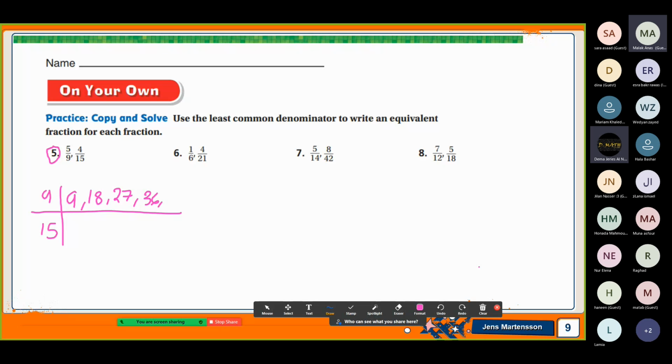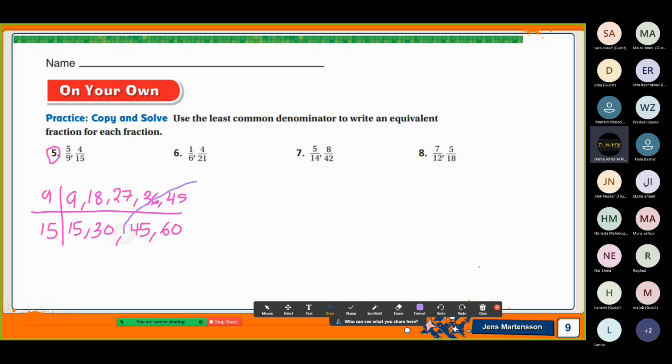And 9 times 5 equals 45. Yes, stop here. Now 15. 15 times 3 is 45, plus 15 is 60. So what is the least common multiple here?